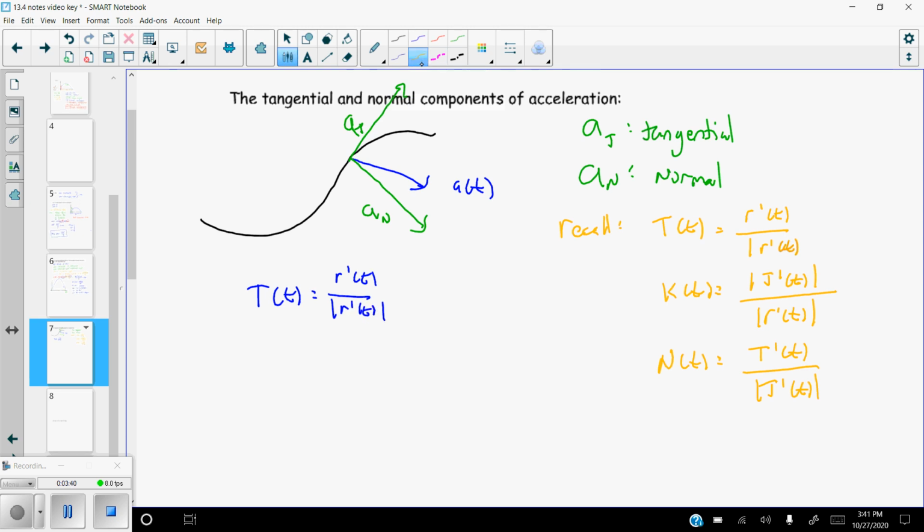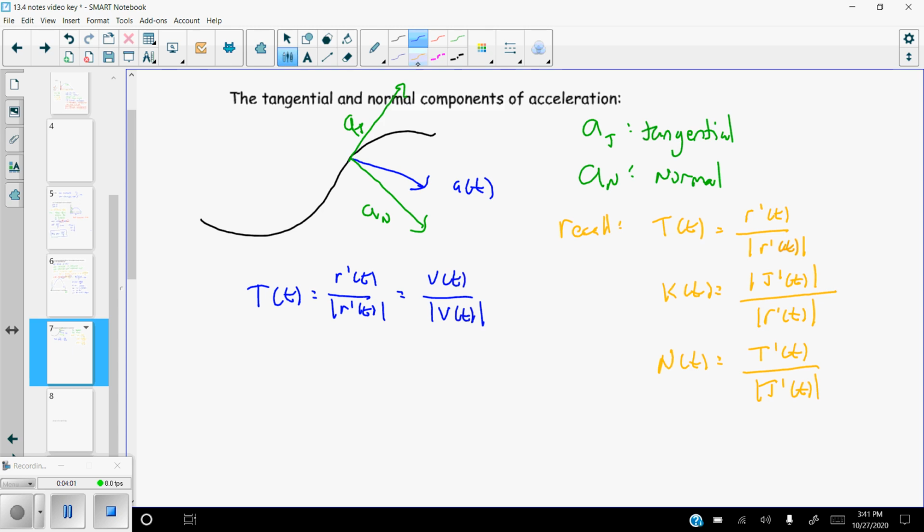Looks like I left the extra piece of the magnitude off there. All right. But remember that r prime of t is just the velocity, right? It's the derivative of the position vector. So that's just going to be the velocity. And then the magnitude of r prime of t is just going to be the magnitude of the velocity.